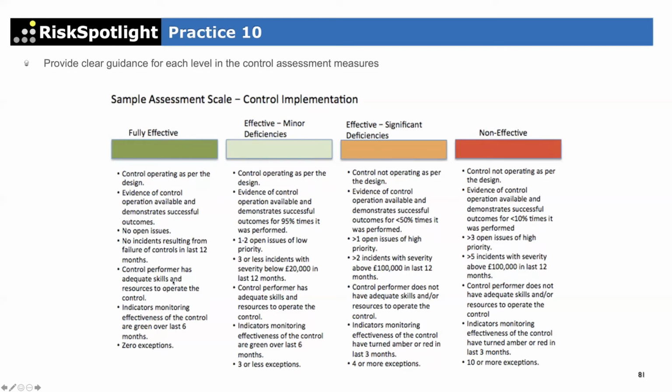The control performer has adequate skills and resources to operate the control. Any indicators you have in relation to that control have been effective for the last 6 months. And there has been no exception on this control where people were able to bypass it, because if there are exceptions, then there is something not right with how the control has been implemented. Only then can you mark the control as effective.